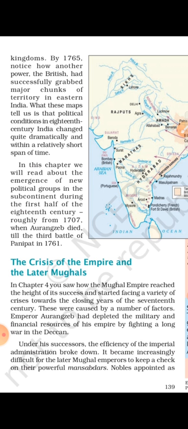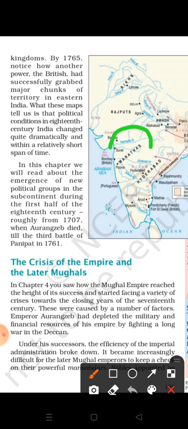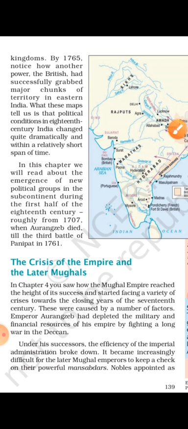So that is the part of Deccan. Aurangzeb spent the last 26 years of his life, if I am not wrong, in the Deccan.